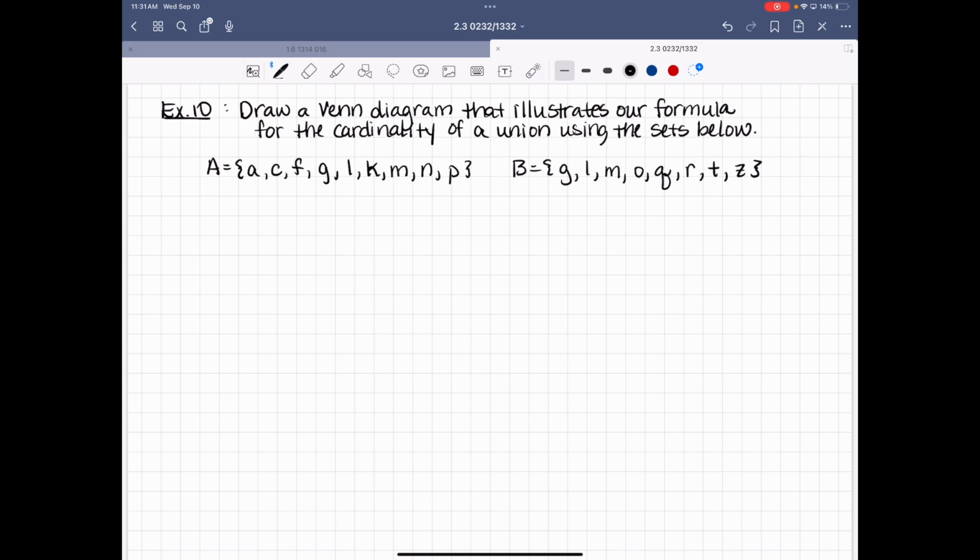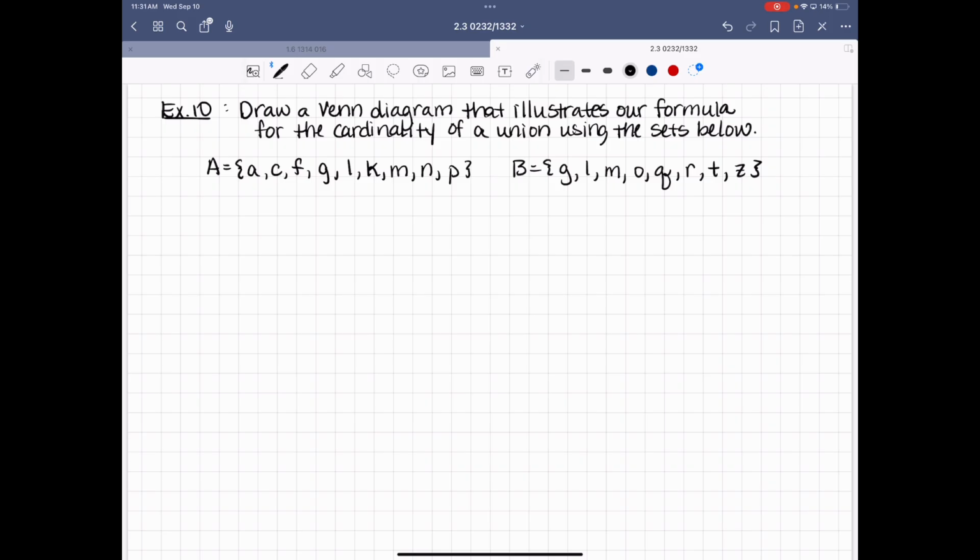Okay, so you're actually using elements this time. You're not just using regions, you're using elements. So they want you to draw a Venn diagram using those sets, A and B, that will illustrate our formula, okay? And we'll rewrite the formula again. So start off doing what you know how to do. It says draw a Venn diagram.